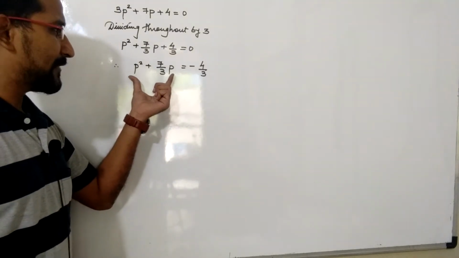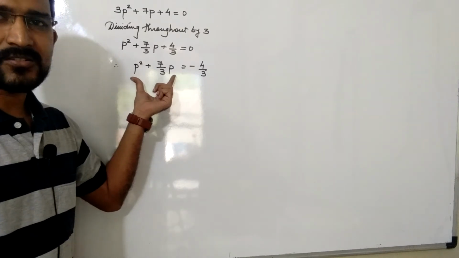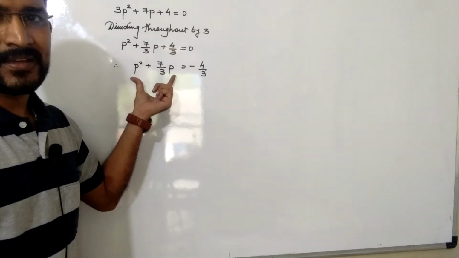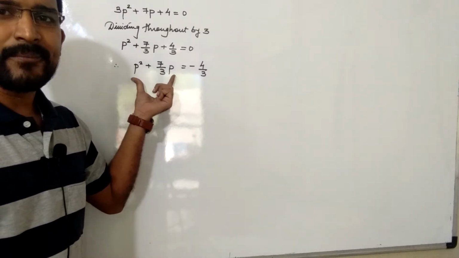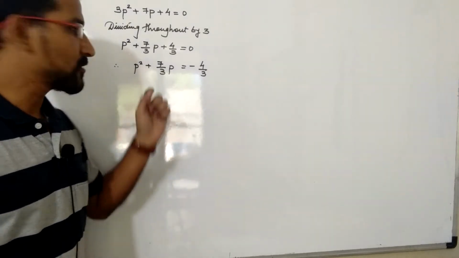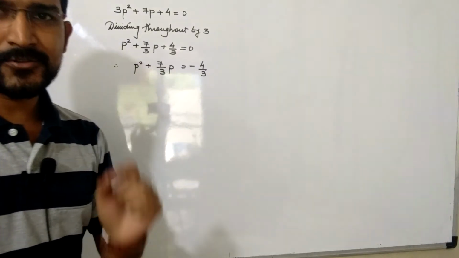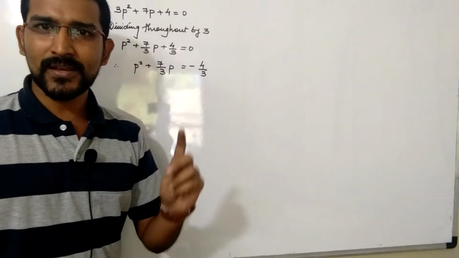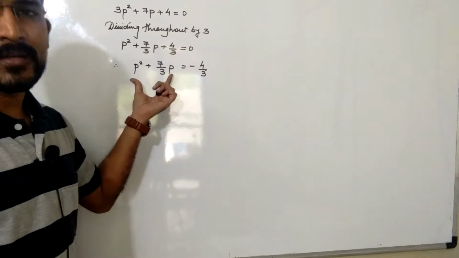Now on the left hand side, we have to make a perfect square, that is in the form of a plus b the whole square or a minus b the whole square. In this case it will be a plus b the whole square because there is a plus sign. But for a plus b the whole square, you should have 3 terms, a square plus 2ab plus b square. But here we have just 2 terms.